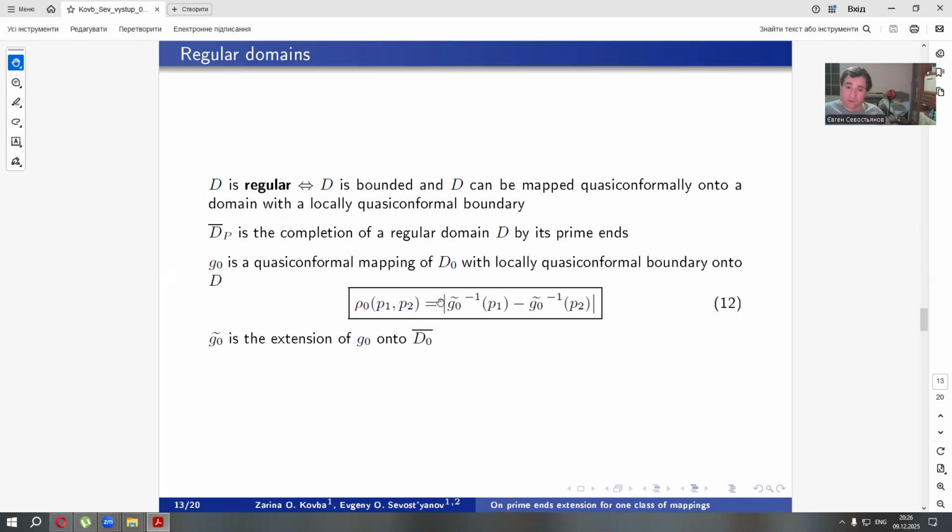This point is called G0 tilde to the minus 1 of P1. Similarly, for a prime end P2, we also have the corresponding point, and the distance between prime ends P1 and P2 means the Euclidean distance between the corresponding points in the good domain, in the domain D0.